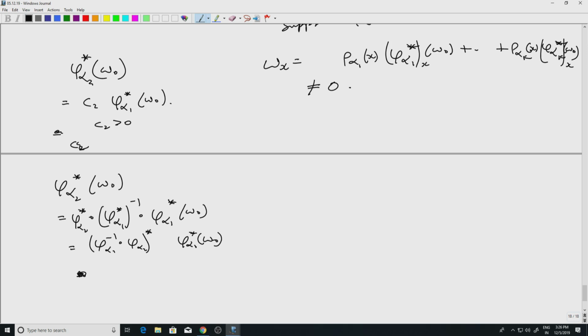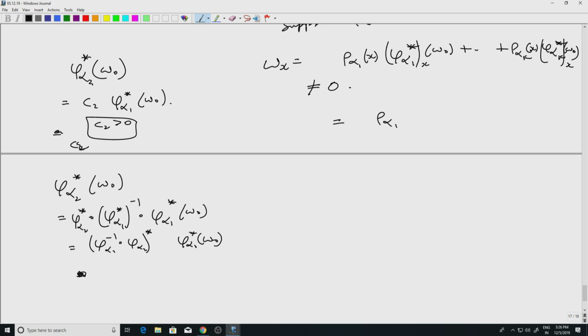Then using the fact that transition functions are positive, one can prove that this determinant is also positive. Ultimately, one ends up with an expression like this.